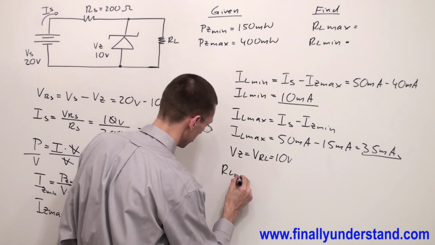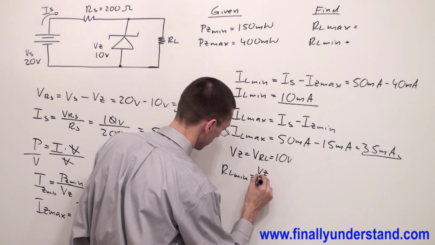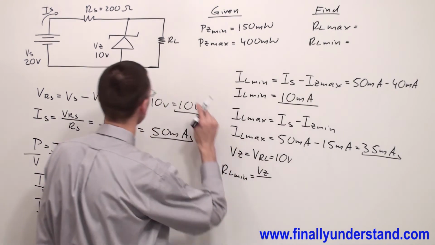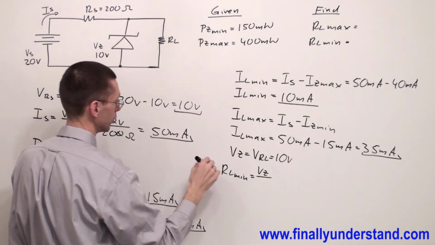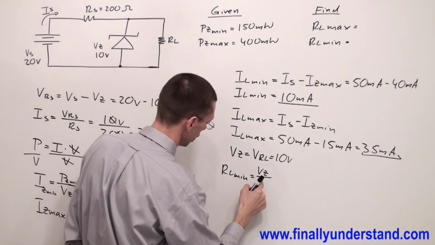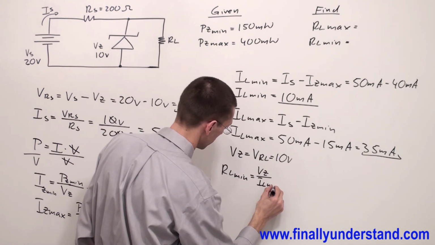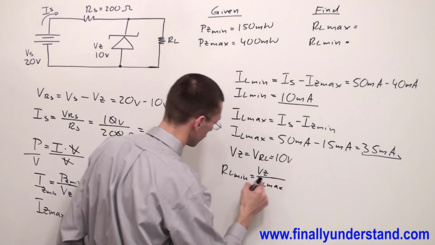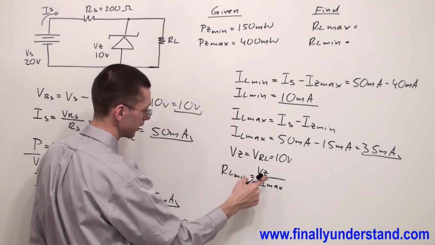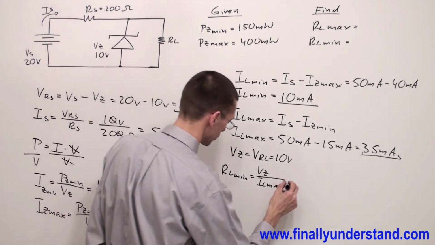RL minimum is the voltage across the resistor, which is VZ or VRL. It's the same thing. Remember, these two components are in parallel. That's why I can call them VZ or VRL, over IL max. Anytime you want to find the minimum resistance, you have to divide the voltage across the resistor by the maximum current which will go through this resistor.